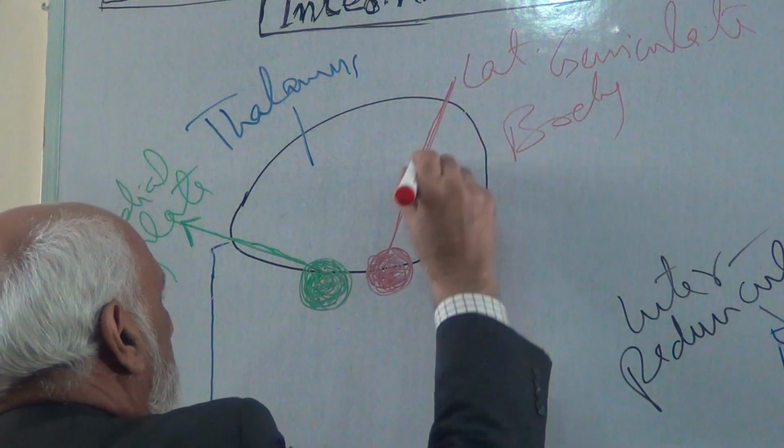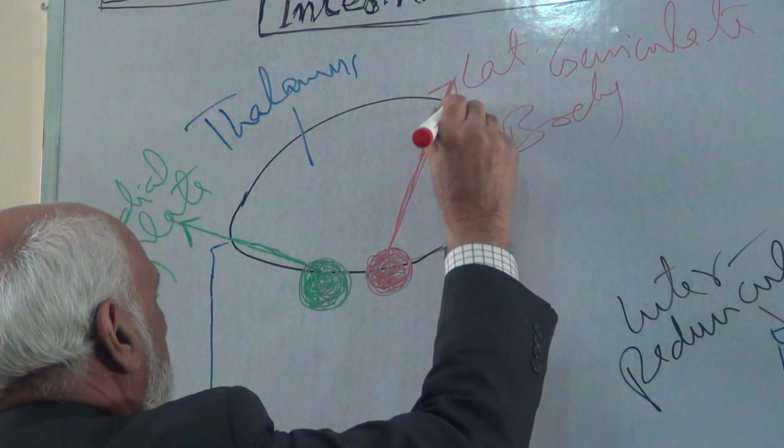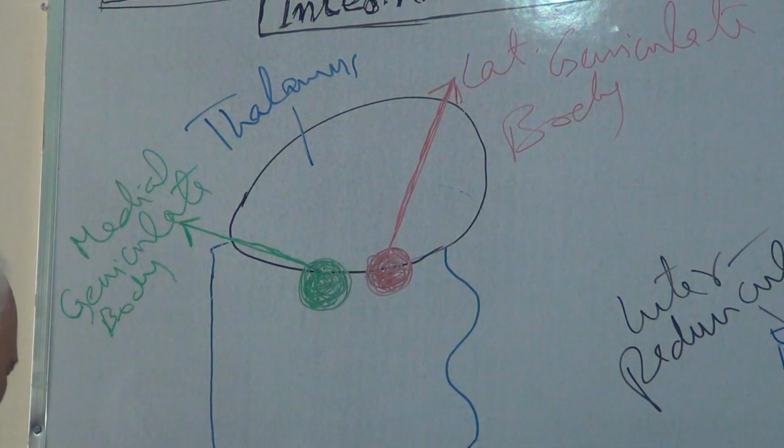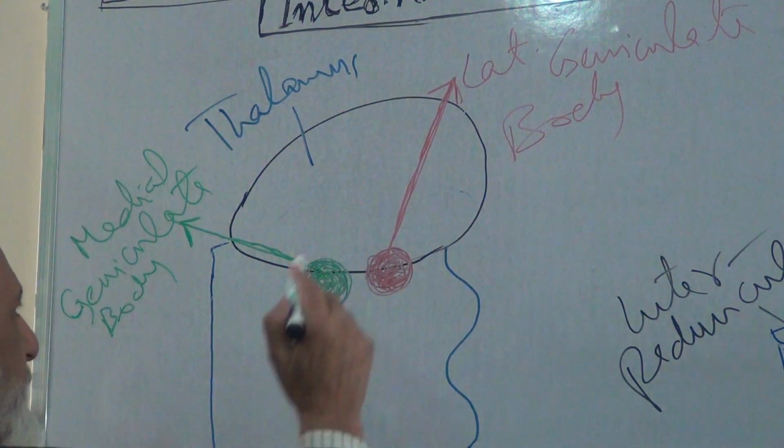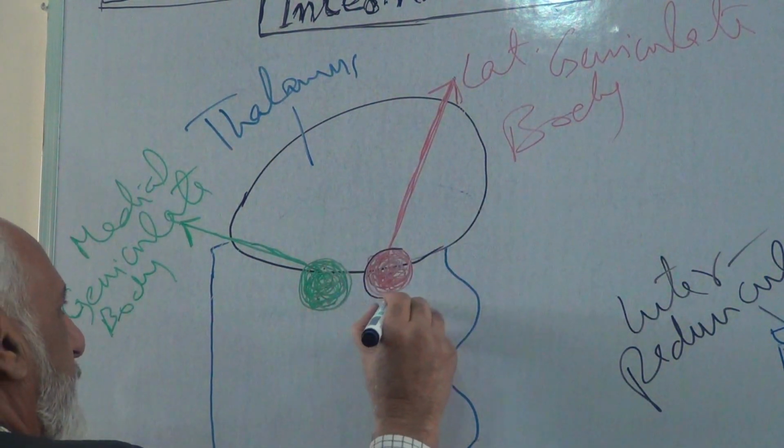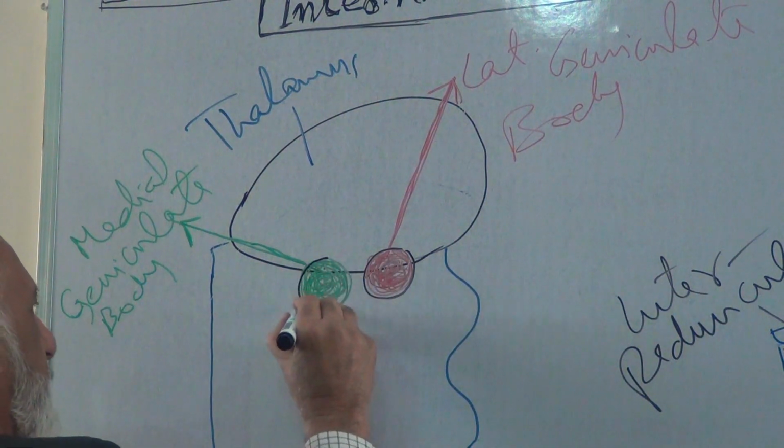And you know, the lateral and medial geniculate body are collectively known as the metathalamus. This is lateral geniculate body and this is medial geniculate body.